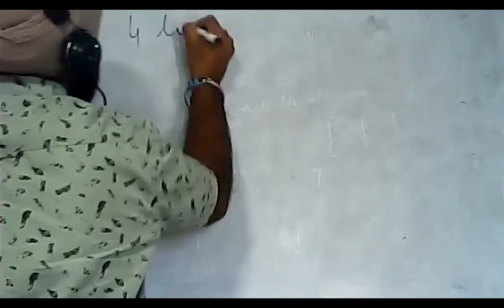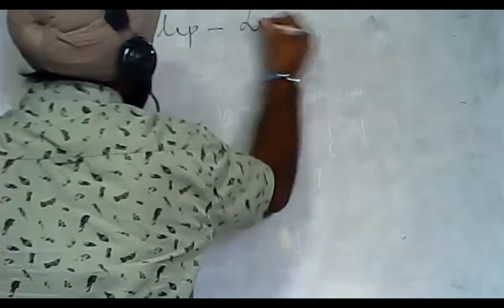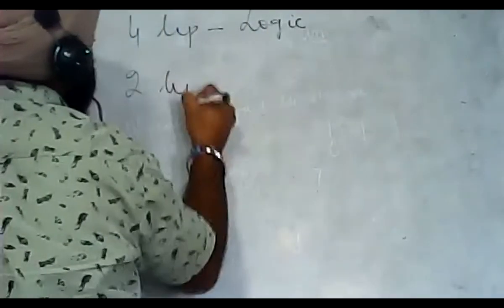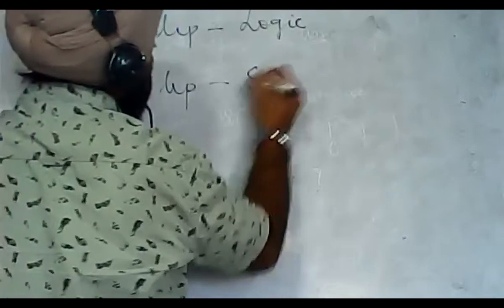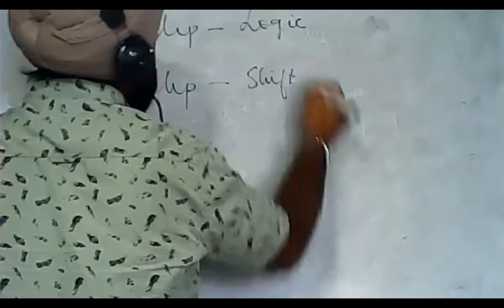Out of these 14 micro operations, 8 belong to the category of arithmetic, 4 micro operations belong to the category of logic micro operations, and 2 micro operations belong to the category of shift, right?